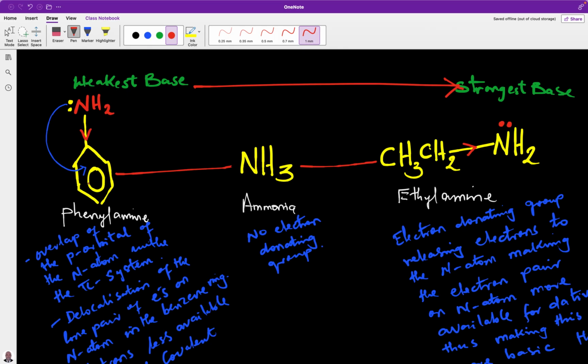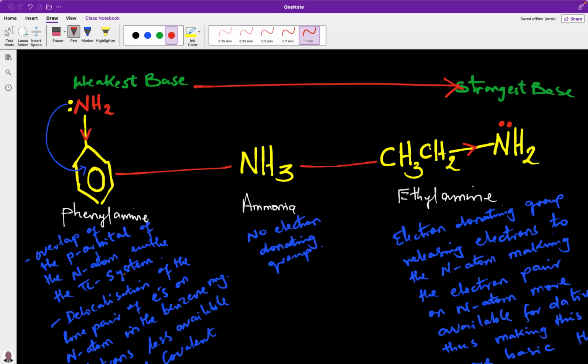The chemistry here is that there is an overlap of the p orbital of the nitrogen atom with the pi delocalized electron system of the benzene ring.